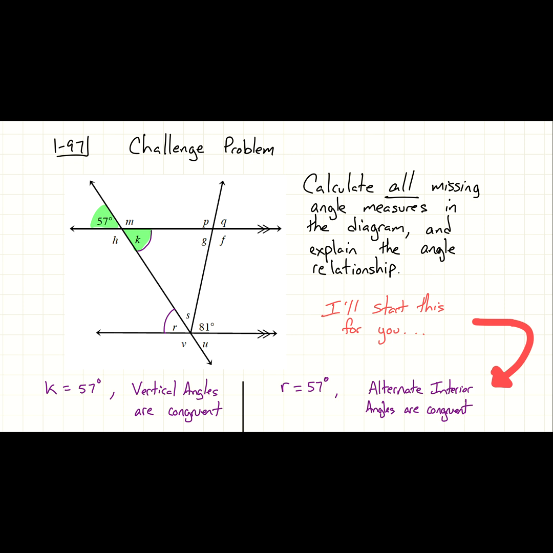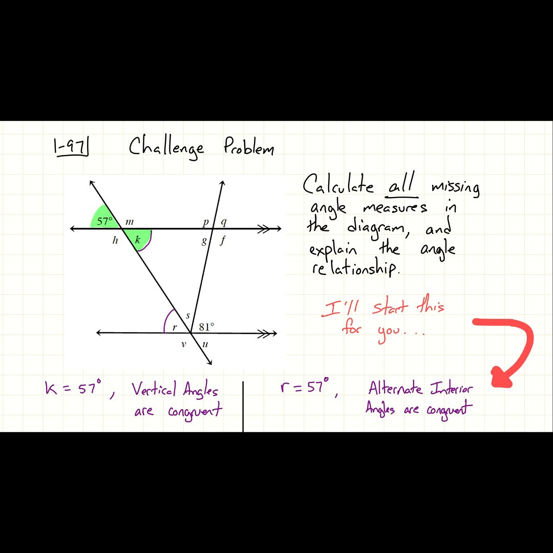So here's a diagram that has a handful of lines, but keep in mind we only have one pair of parallel lines. These are parallel. We just happen to have a transversal here, and another transversal here. So it's almost like two different problems on top of each other.